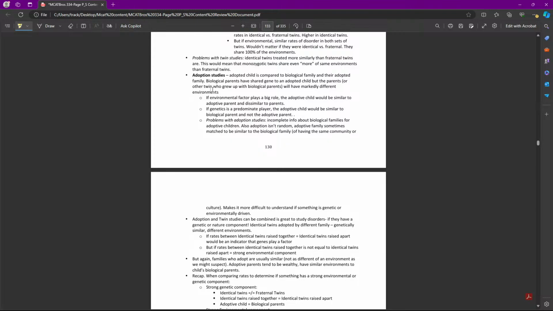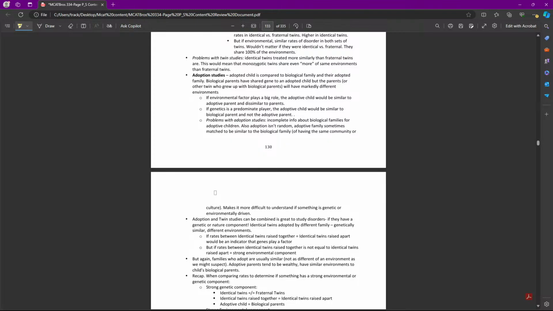So, adoption studies. Adoption studies look at an adopted child in comparison to their biological parents versus their adopted parents. It relates them through their biological parents' genes and their environment through their adopted parents. If environmental factors play a big role, the adopted child will be more similar to their adopted parents. If genetics plays more of a role, they'll be similar to their biological parents.